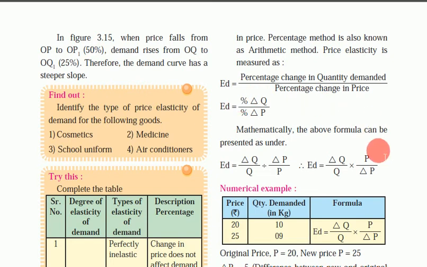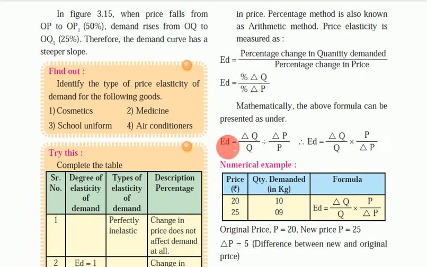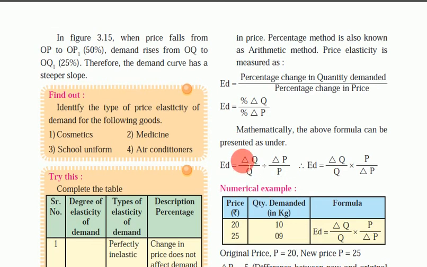Mathematically, the formula can be presented as follows. Elasticity of demand is equal to change in quantity demanded upon quantity, divided by change in price upon price. Then the formula becomes change in quantity demanded upon total quantity, multiplied by price upon change in price.